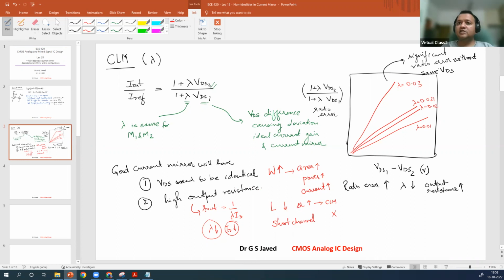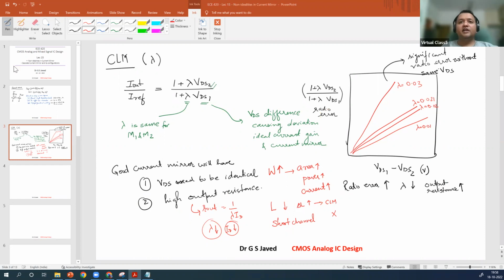And channel length modulation further will lead into VDS change. So it is a circular problem. In high output impedance case, you have to reduce lambda to ensure the ratio error is lesser, or you have to reduce the amount of current.